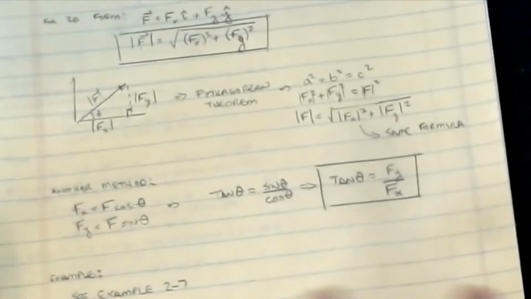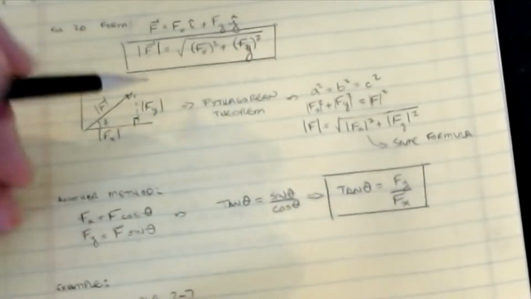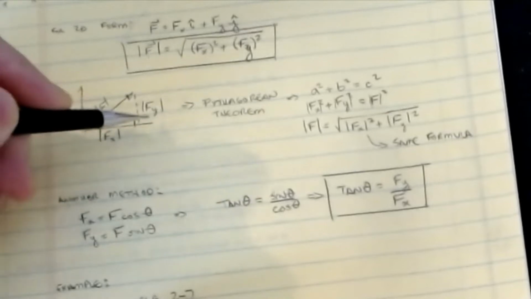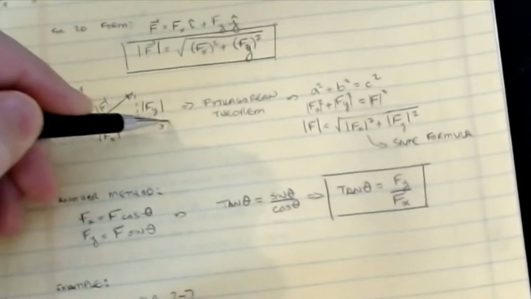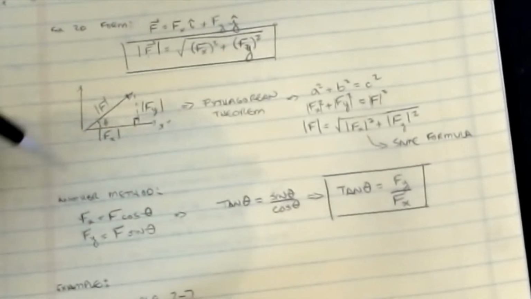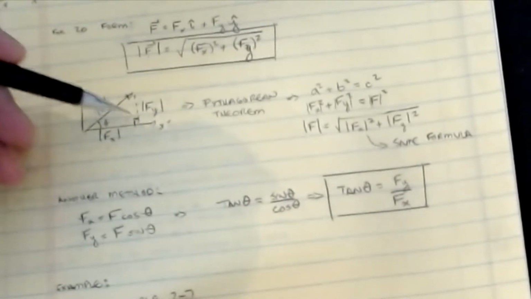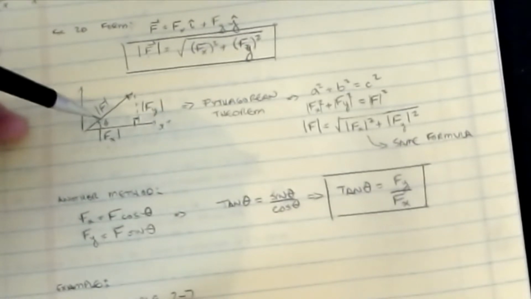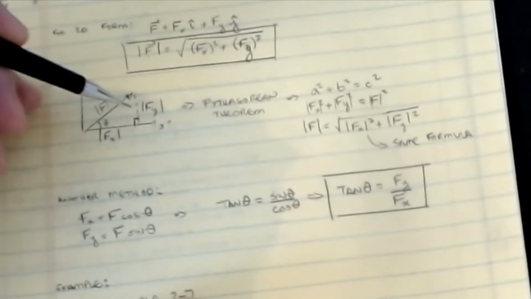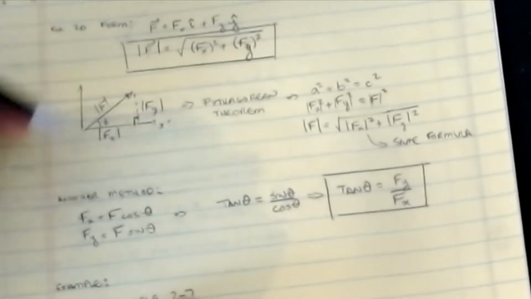Now, to find the angle theta that we saw in here, and again, angle theta is the angle that this vector makes with my x-axis, if we just play with the magnitudes here, F times the cosine of theta gets me Fx, and F times the sine of theta gets me Fy.